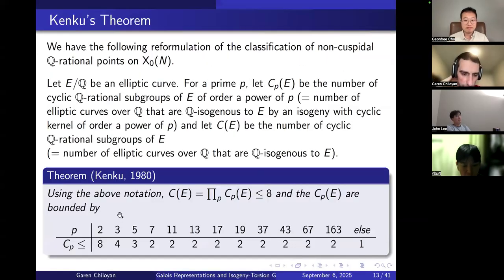After you have C3 of E is 2, and C7 of E is 2, he wrote in his paper, that's enough. So he gave more detailed bounds of not just these numbers by themselves, but products of these numbers.